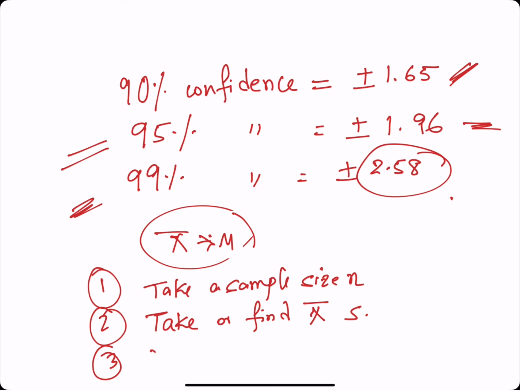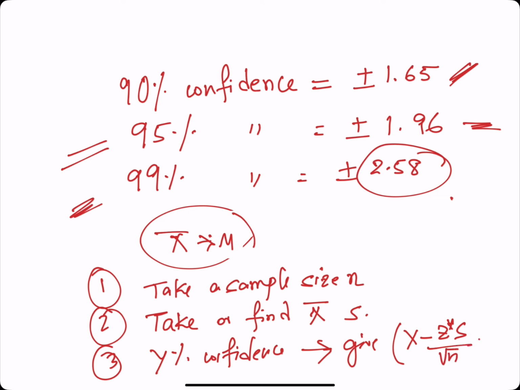Then for y% confidence, which can be anything, for example 90 or 95 or 99 according to our problem statement, the interval is given by x bar minus z star s by root over n and x bar plus z star s by root over n.